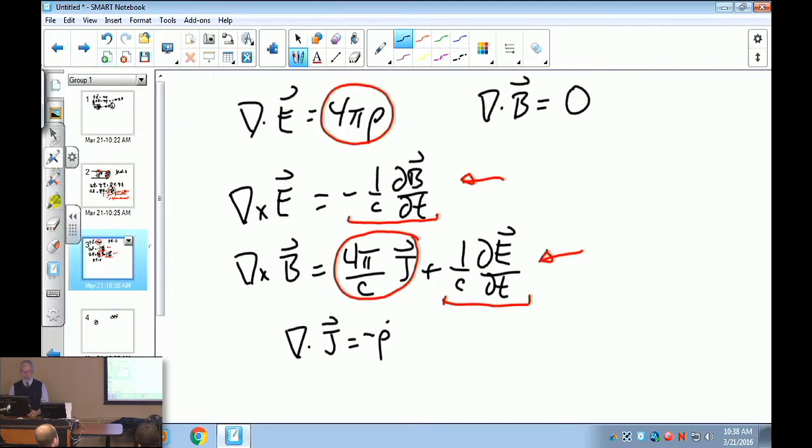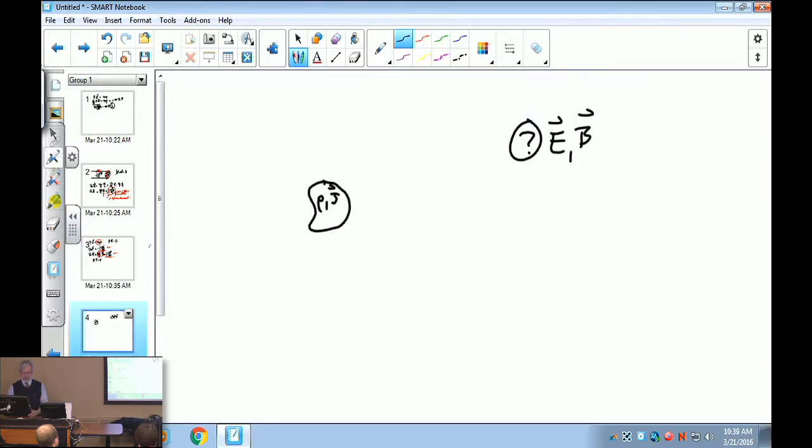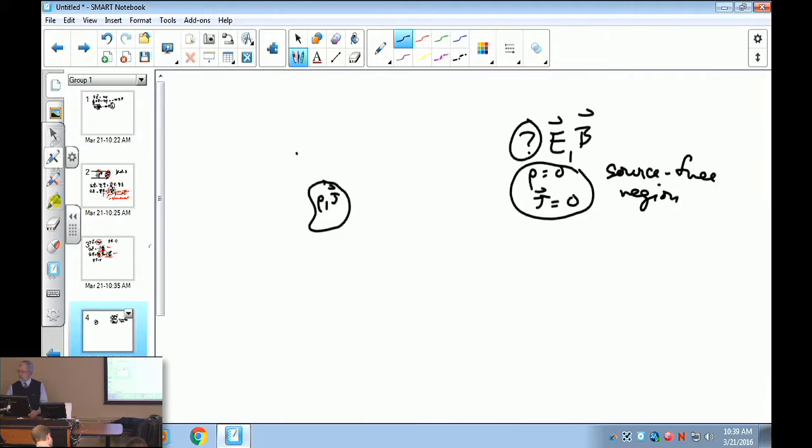Okay. Now, if we go back and look at these equations, rho and J are 0 where we're looking. So over here, rho and J are both 0 because we're away from the source. So we're in the source-free region. The source is over here, and we're outside of the source, looking at the E and B field.